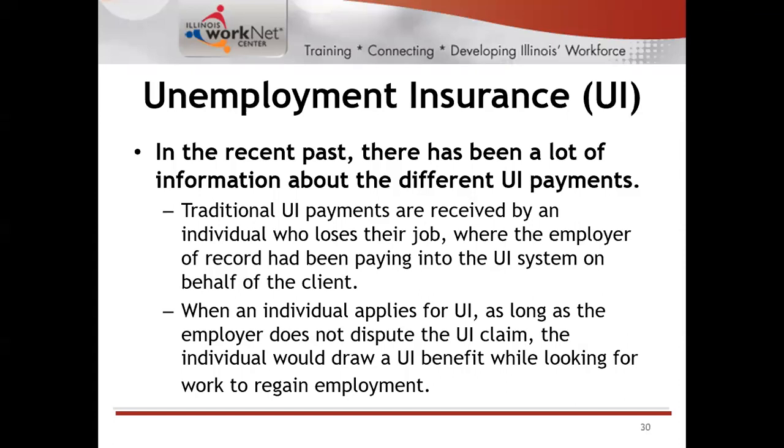One of the things to understand about UI and traditional dislocated worker eligibility is that the UI status only has criteria tied under the portion of unlikely to return to previous industry or occupation. It has no criteria under plant closure or substantial layoff, or displaced homemaker, or formerly self-employed now unemployed, or spouse of an active duty service member. So it only comes into play if you're trying to certify your client under unlikely to return.